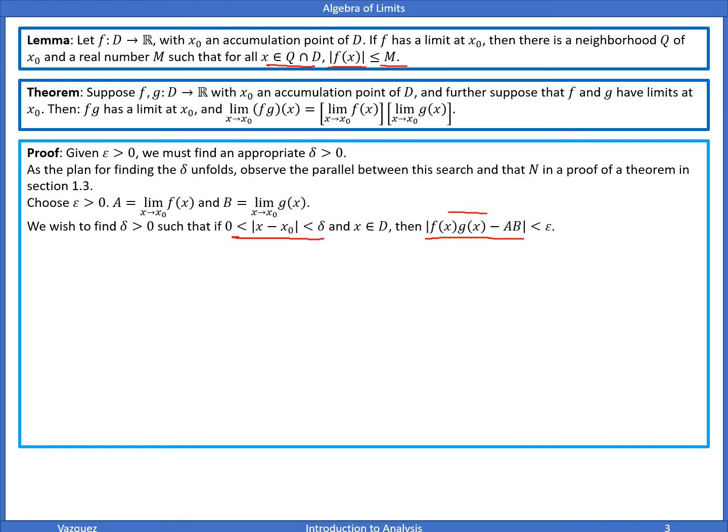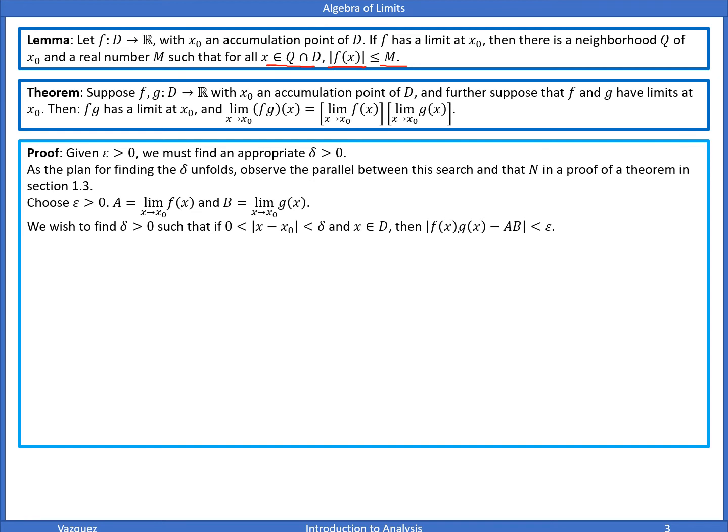Because we want to show that the difference between the product and its limit is less than epsilon. That just comes from the definition of limits.